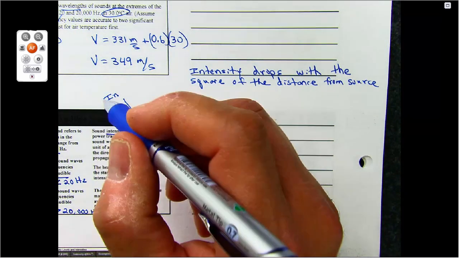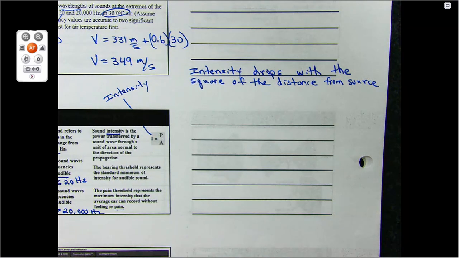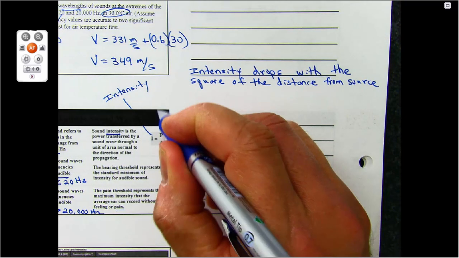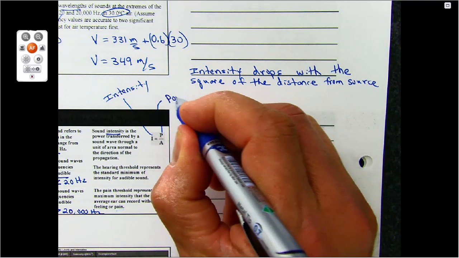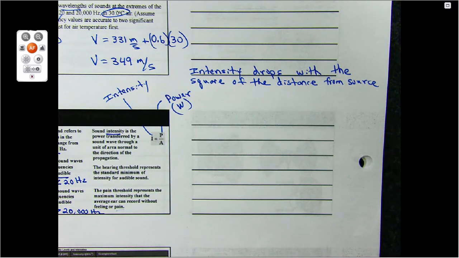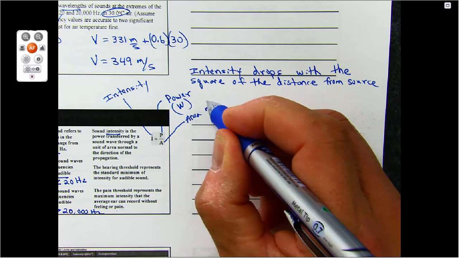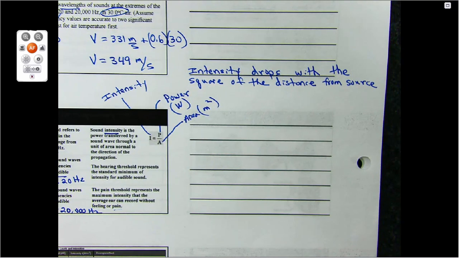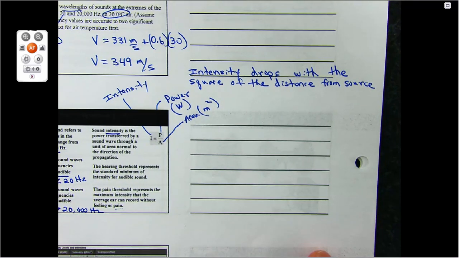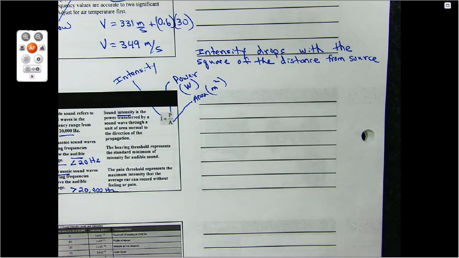It's going to be a division. This is going to be intensity. This is going to be power in watts. And this is going to be area in meters squared. So usually we're always concerned about how far are we from the source.